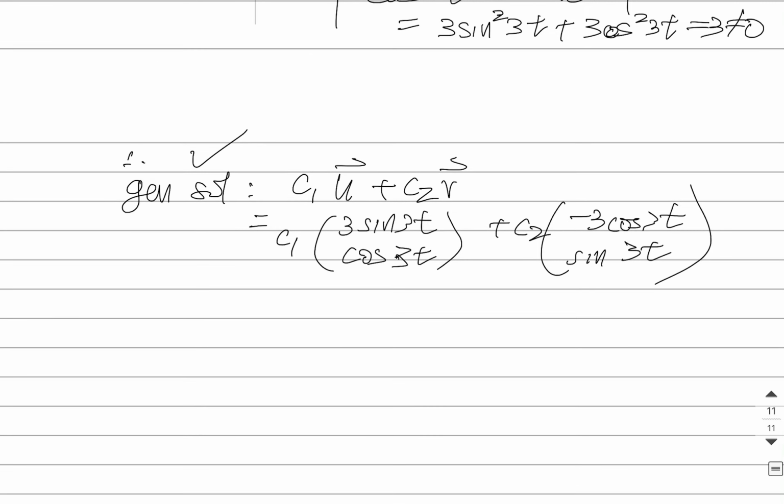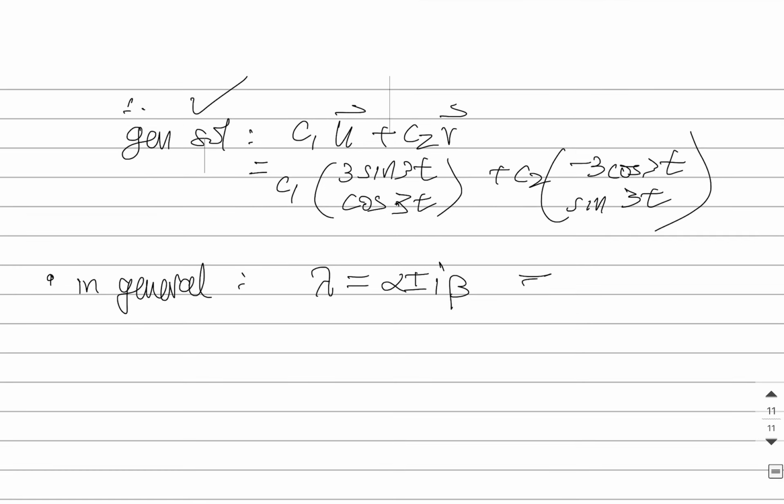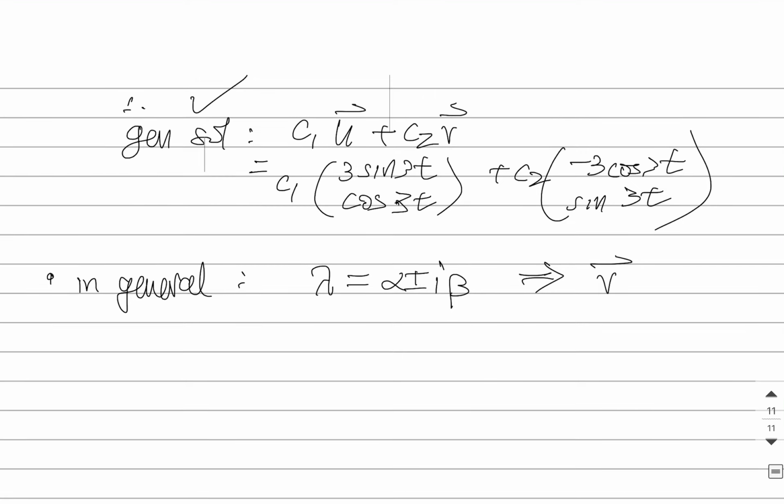Now, in general, when you solve for the complex lambda, you're going to get lambda is alpha plus or minus i beta. You're going to get your eigenvectors, and they're going to be some a plus ib. You're going to form your solution.